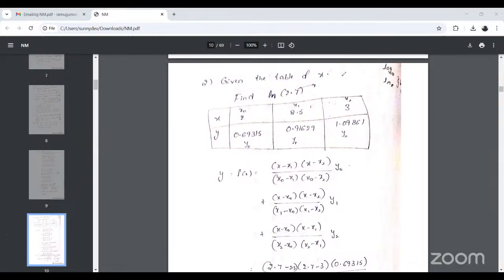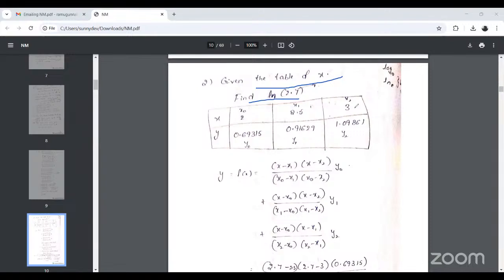Find the table of x, and they ask for the value at 2.7. They have given 2, 2.5, and 3. So by using the Lagrange interpolation formula. See, in the examination they won't ask to solve this problem by Newton's forward, Newton's backward, or the Lagrange interpolation formula.